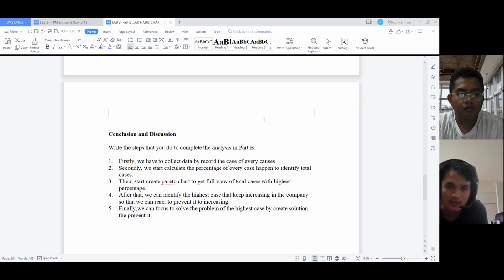So this is the discussion, and the question is to write the steps you take to complete the analysis in part B. So firstly, we have to collect data by recording the cases of every cause. Secondly, we calculate the percentage of every case to identify the total cases. Then we create a Pareto chart to get a full view of the total cases with the highest percentage.